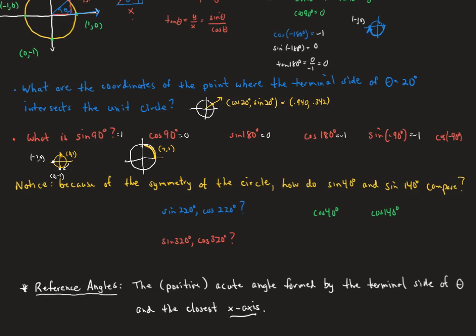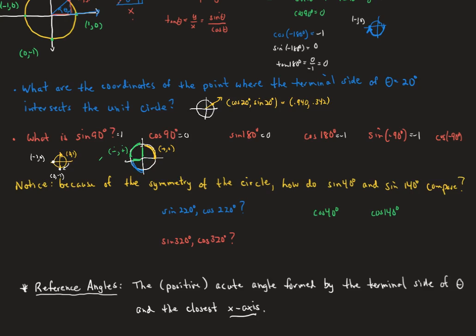And since the tangent is sine over cosine, that's going to make the tangent be positive also. In quadrant 2, where we have negative x values and positive y values, the cosine is going to be negative, the sine will be positive, and so the tangent, which is sine over cosine, will be negative.